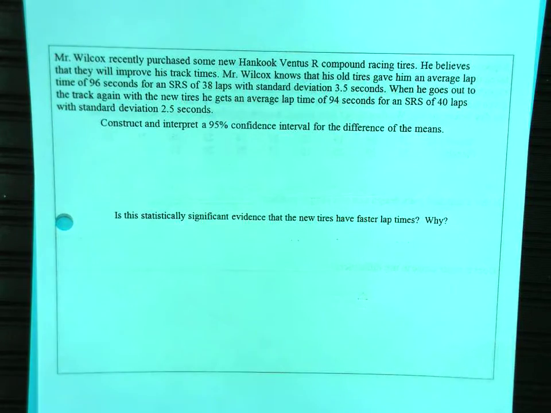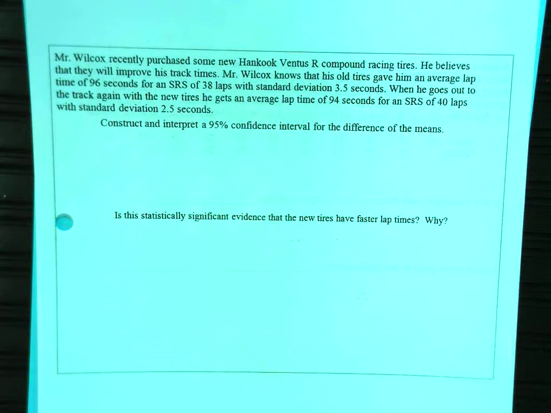All right, Mr. Wilcox recently purchased some new Hankook Ventus R compound racing tires. He believes they will improve his track times. Mr. Wilcox knows that his old tires gave him an average lap time of 96 seconds for an SRS of 38 laps with standard deviation 3.5 seconds.